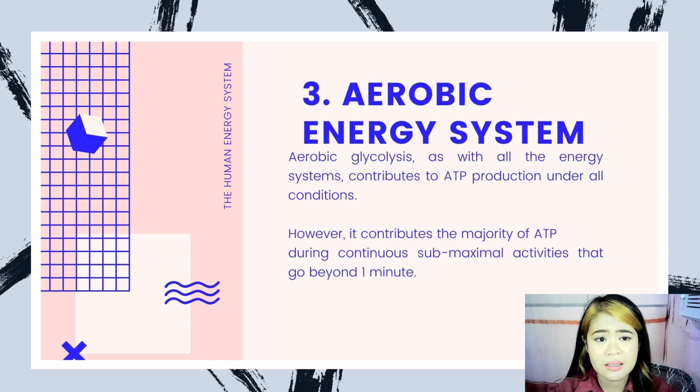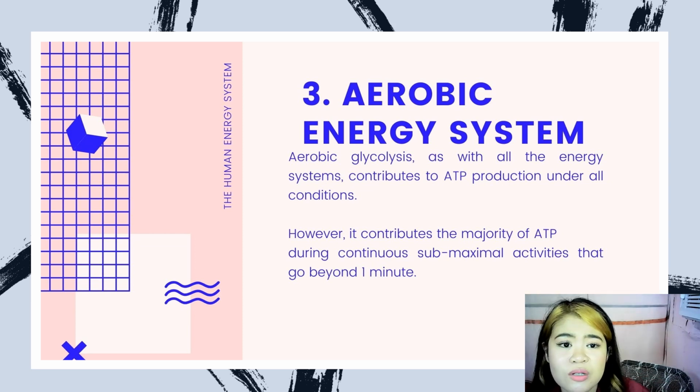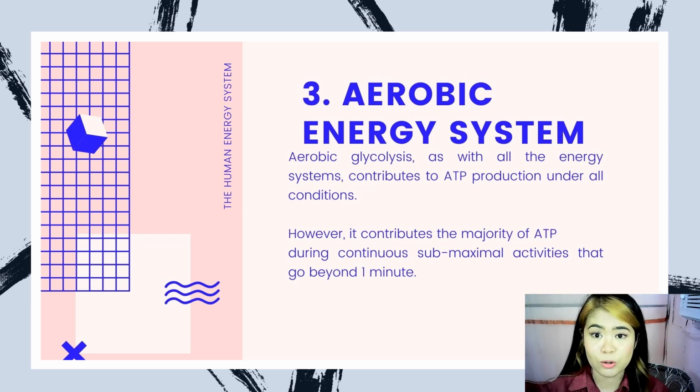Aerobic glycolysis, as with all the energy systems, contributes to ATP production under all conditions. However, it contributes the majority of adenosine triphosphate during continuous submaximal activities that go beyond 1 minute. With the rich oxygen supplies in the aerobic system, fat is able to become a significant contributor to ATP production.